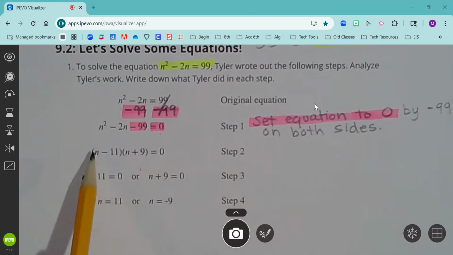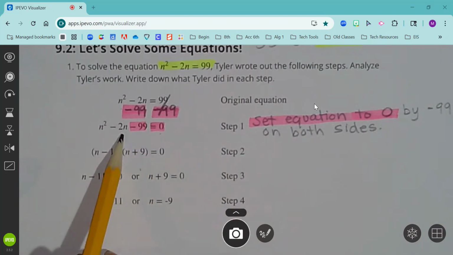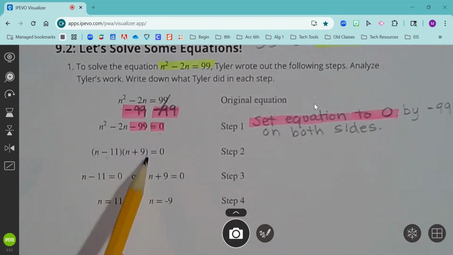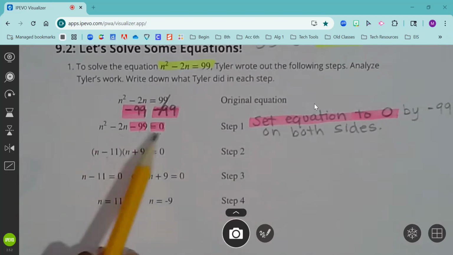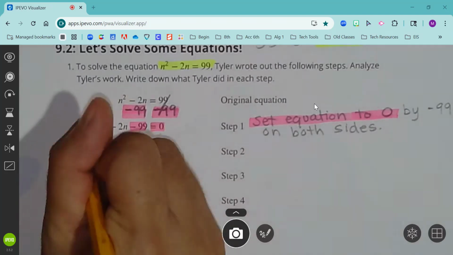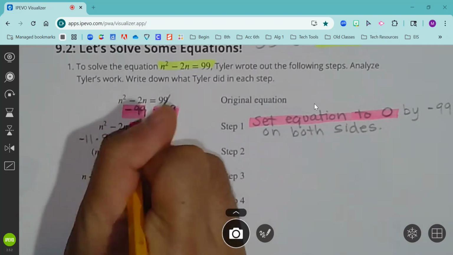Okay, so then you'll notice the next thing they did was they factored. So they found two numbers that multiply into -99 and then add up to -2, which makes sense because -11 times 9 would get us -99 and -11 plus 9 would get us -2. And we could just double check that. So -11 times 9 equals -99.